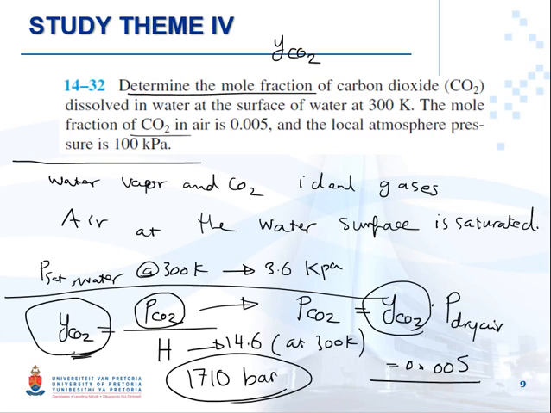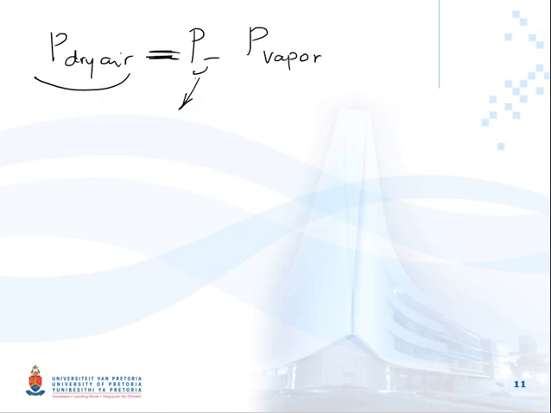The local atmospheric pressure is 100 kilopascal, and P vapor is of course the saturation pressure at 300 Kelvin. How do we find that?